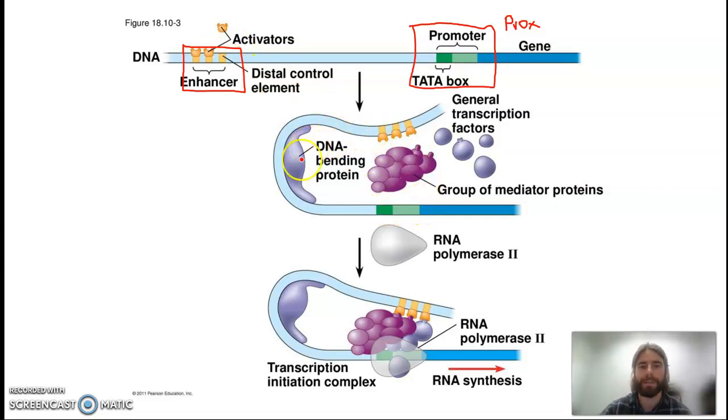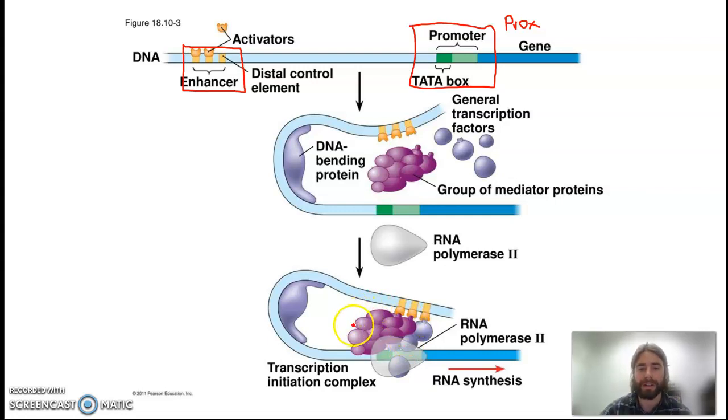And so as this enhancer region bends and begins to interact with this larger complex of proteins, we have general transcription factors, we have mediator proteins, all converging on the promoter sequence, delivering RNA polymerase to its promoter and initiating transcription.